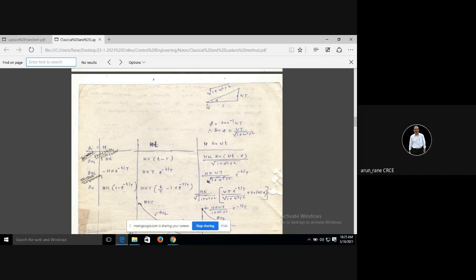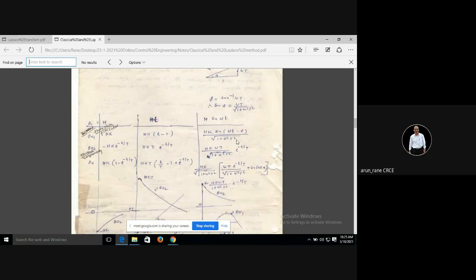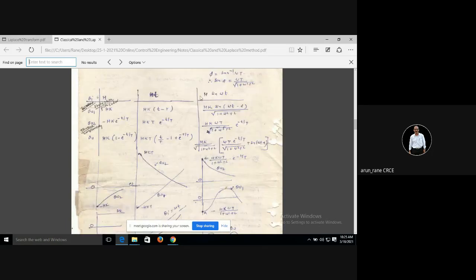Cos of phi is equal to adjacent upon hypotenuse, that is 1 upon root of 1 plus omega square T square. Alright. So if my input is h sin of omega t, I get my theta O1 like this, theta O2 like this, and then theta O is nothing but the addition of this and this.